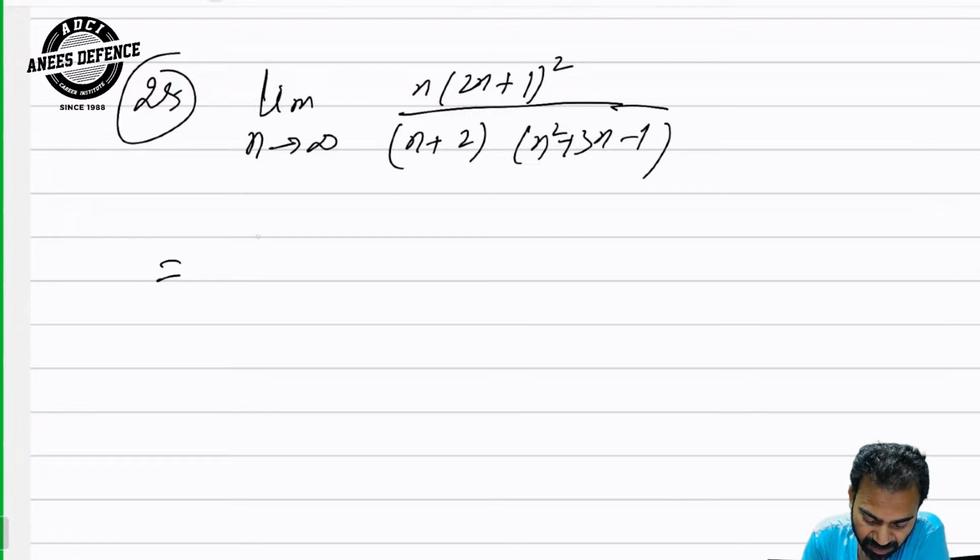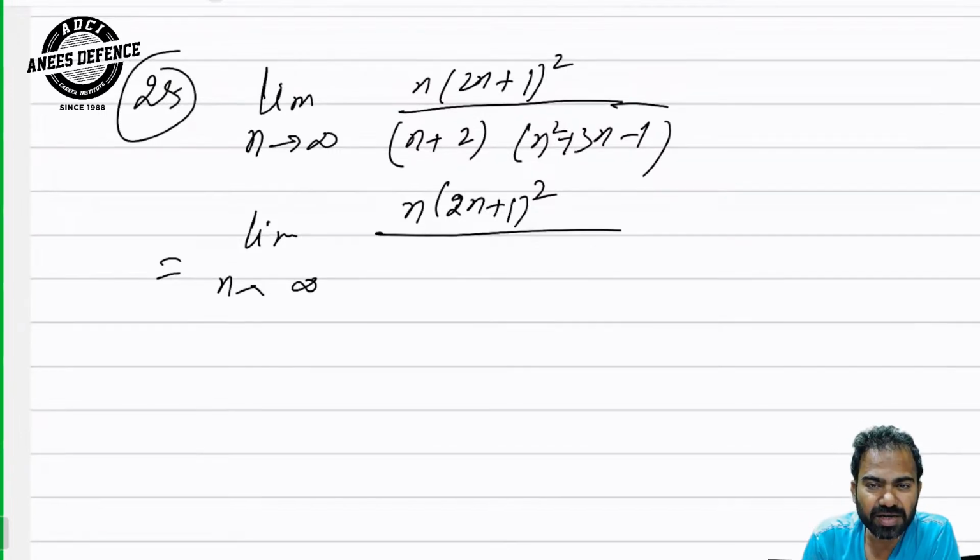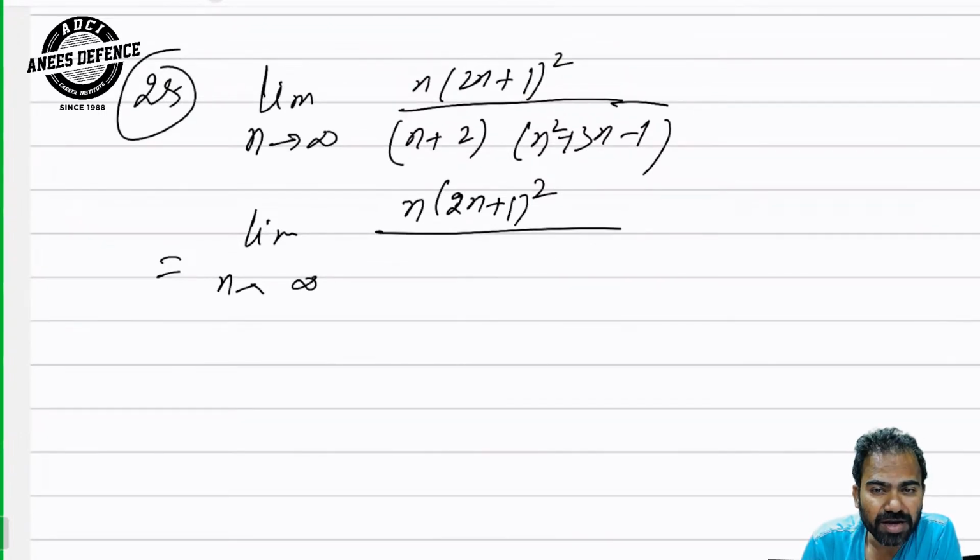So we will divide the numerator and denominator by the highest degree, n cube. In the numerator, the highest degree of n is 3, and in the denominator it is also 3.